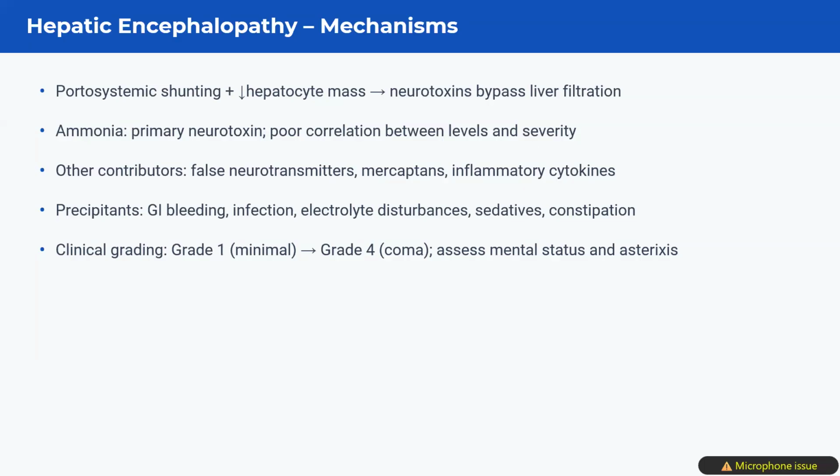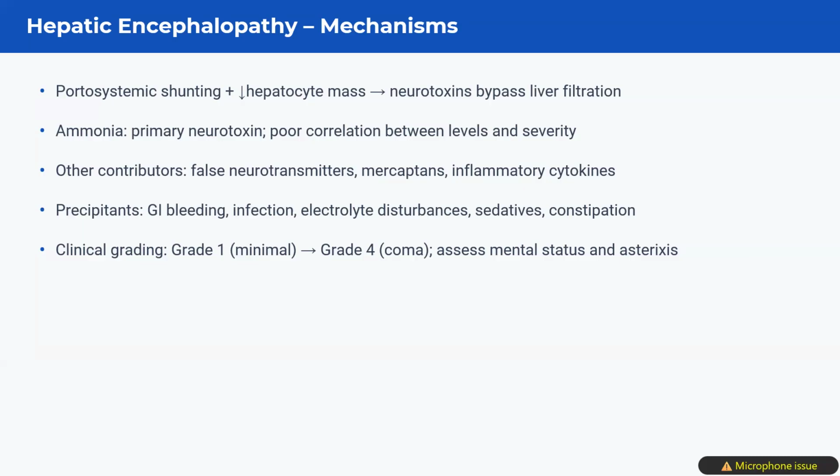And what am I talking about there? Well, essentially, the liver is supposed to detox the ammonia out of the system, but it's failing at doing that. And so ammonia is now entering the brain, causing this encephalopathic condition.